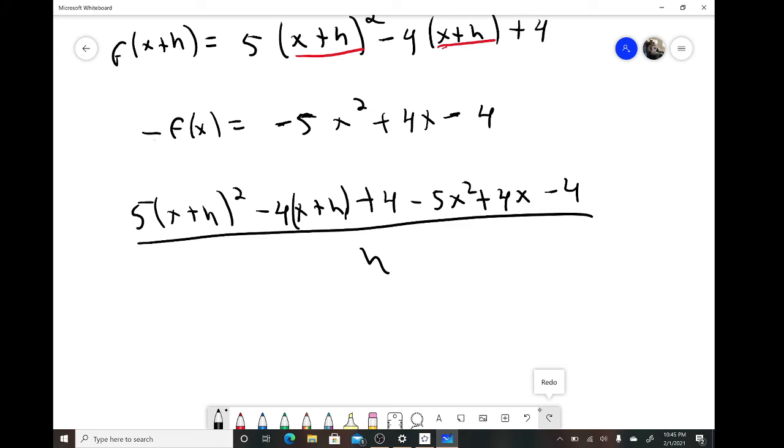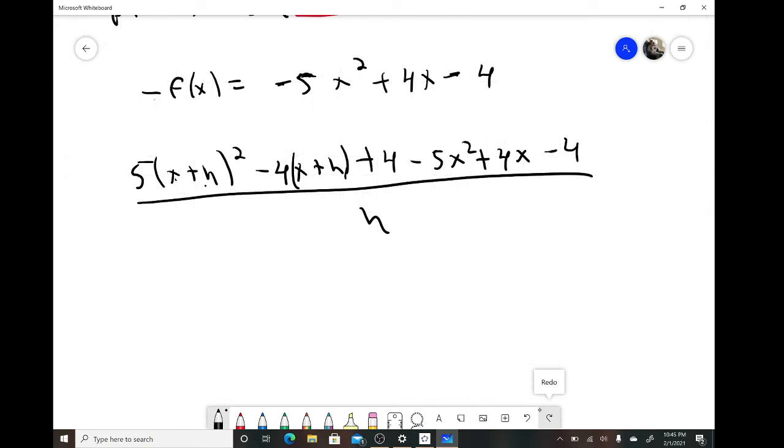So the first thing we do by PEMDAS is the exponents. So we have x plus h squared. What is x plus h squared? If you don't remember this, you definitely need to look it up. It's the expansion rule for a binomial. It's going to be x squared plus 2xh plus h squared. Minus, well, we're going to distribute this 4 here, 4 times x and 4 times h.